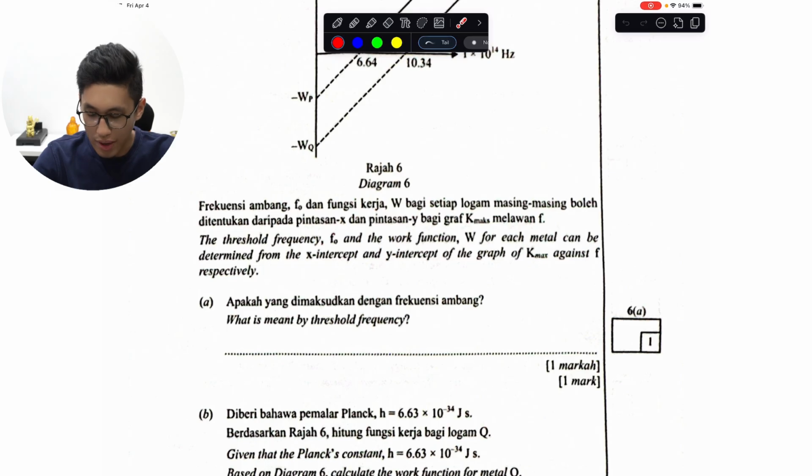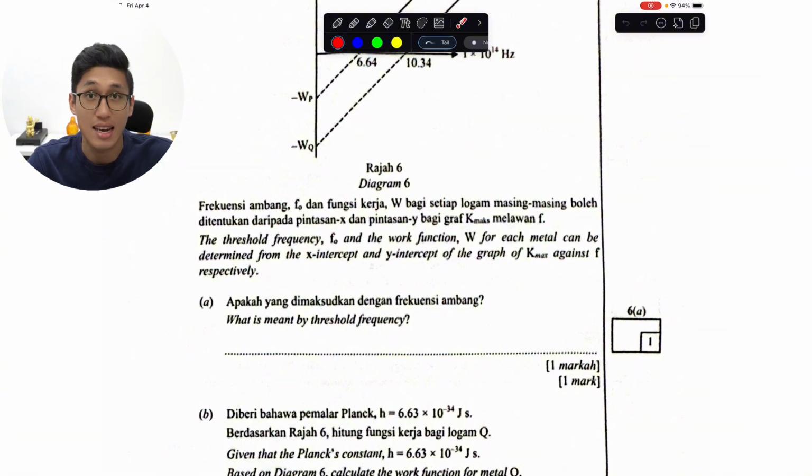What is meant by threshold frequency? Threshold basically means a minimum. Now why is there a minimum frequency here? Because when we talk about this topic, there's one very important thing you need to remember, which is the photoelectric effect. What is the photoelectric effect?